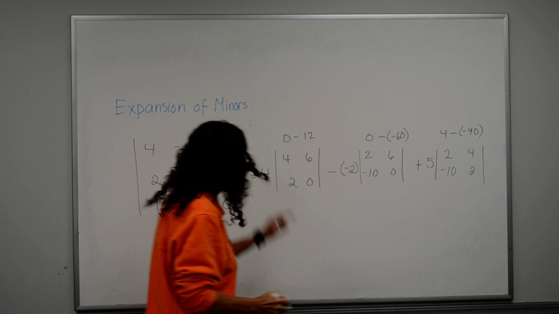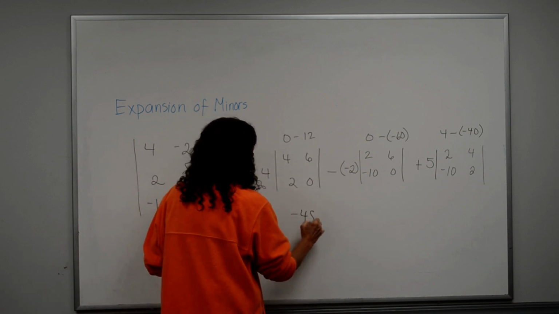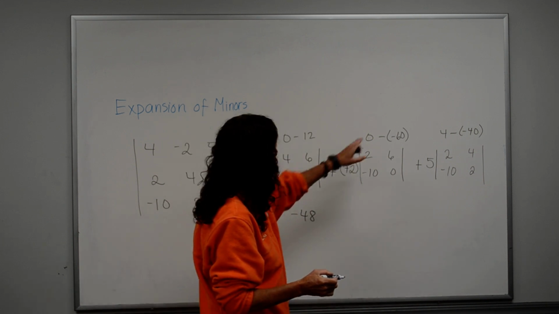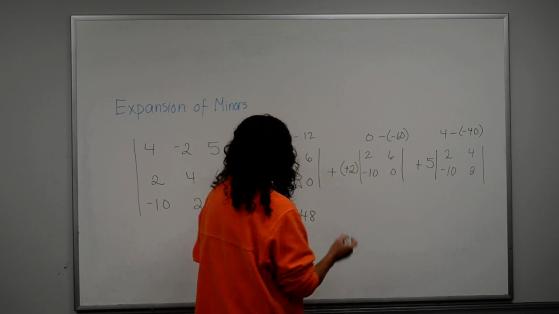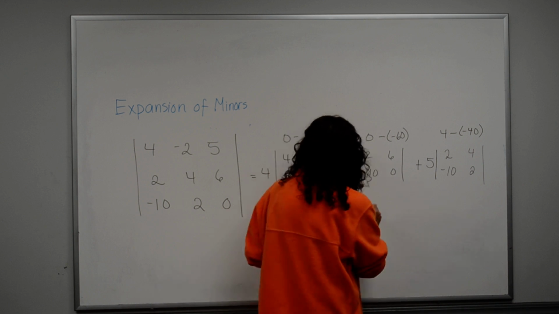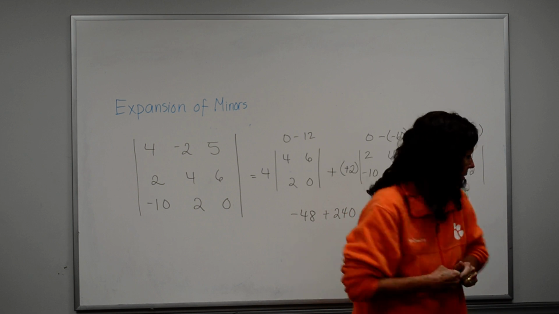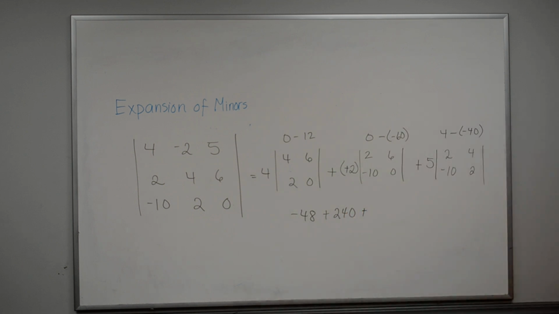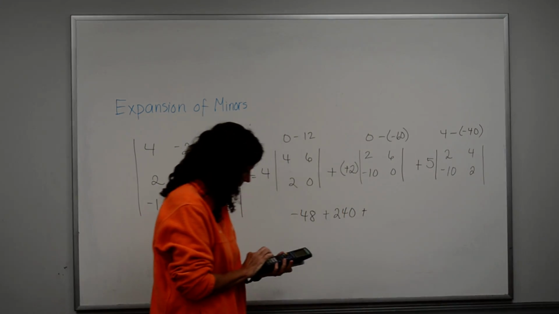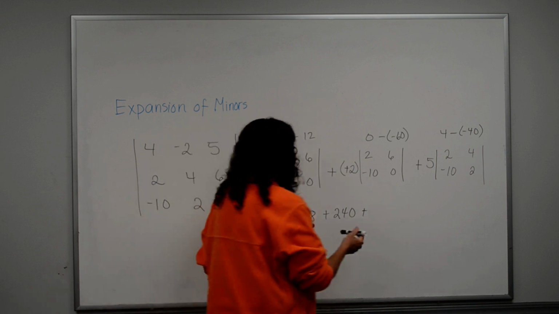Okay? Come down here, I'm going to have 4 times a -12, which is going to give me a -48 right here. Going to add the opposite of the second number there, so it's 4 times, that's going to be a +60, so I'm going to have 240. And then I have 5 times, that's going to be a +44, which is 220.